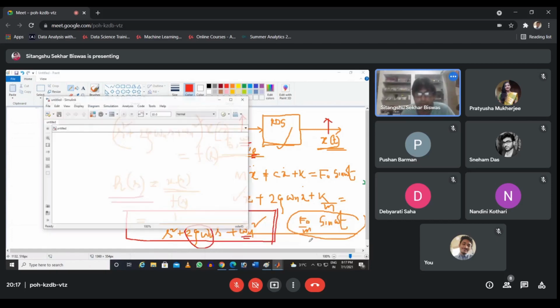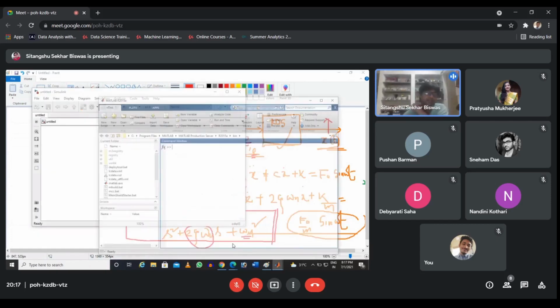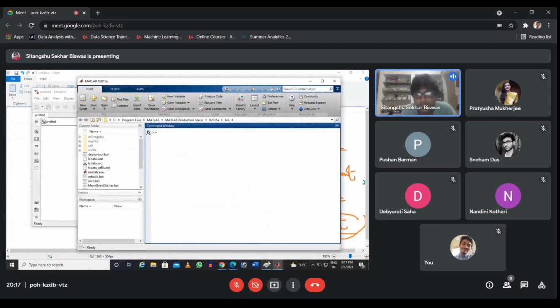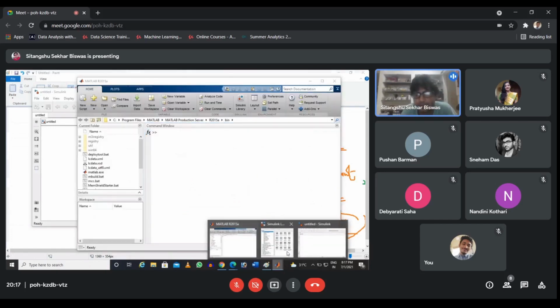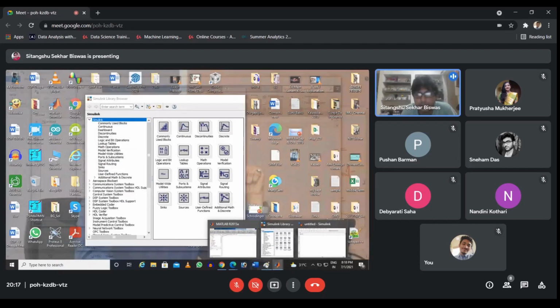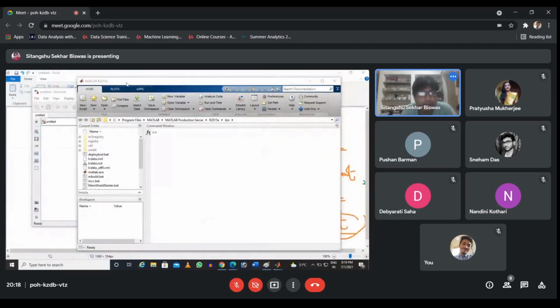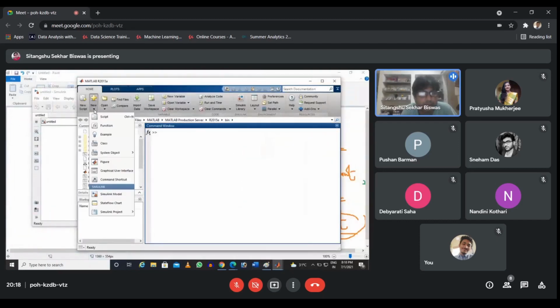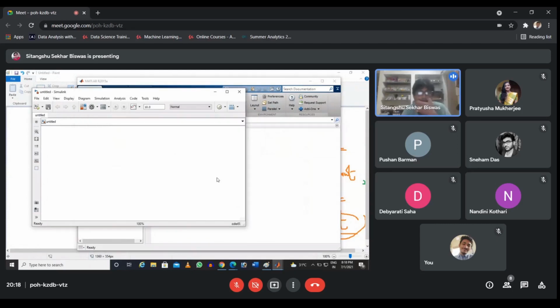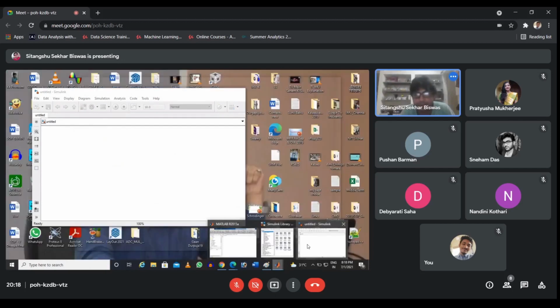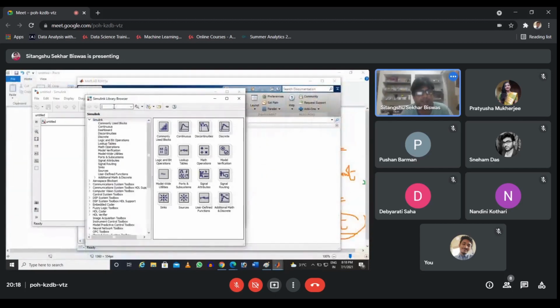So in MATLAB, as I told, we will try to see how it is possible. If you open MATLAB, here is the Simulink model and this is the Simulink library. As we don't have any real-time data, I am trying to generate some data.